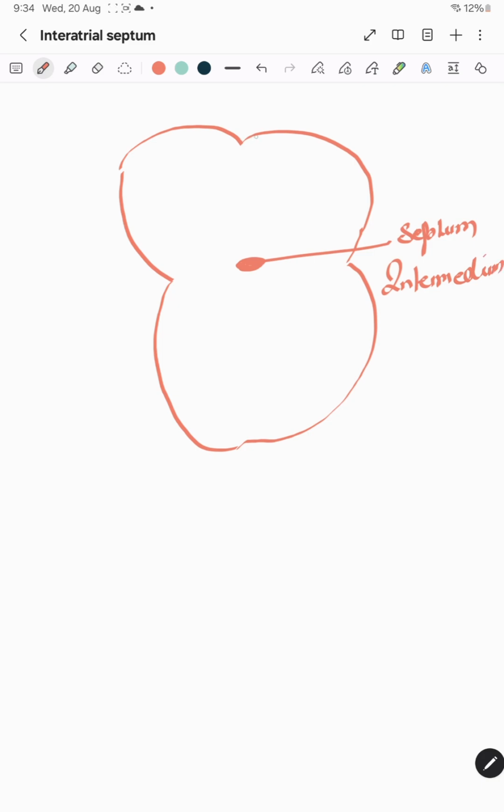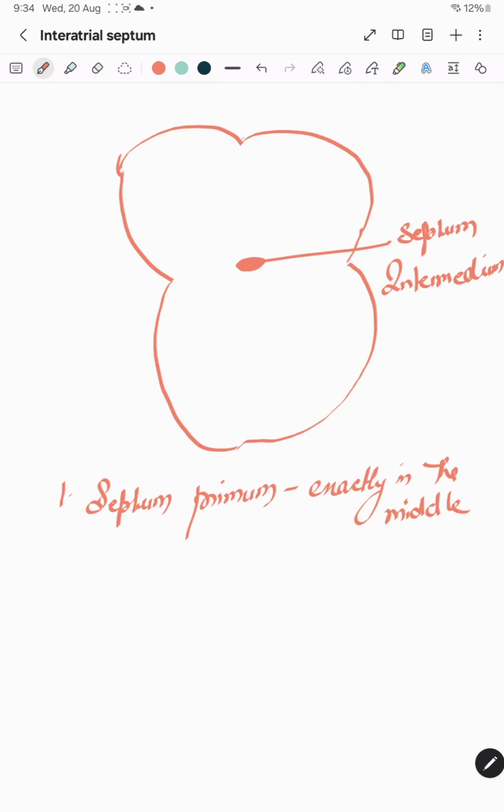So primitive atria will be divided into two chambers, right atrial chamber and left atrial chamber. So it starts with the formation of septum primum. Septum primum will be exactly in the middle.